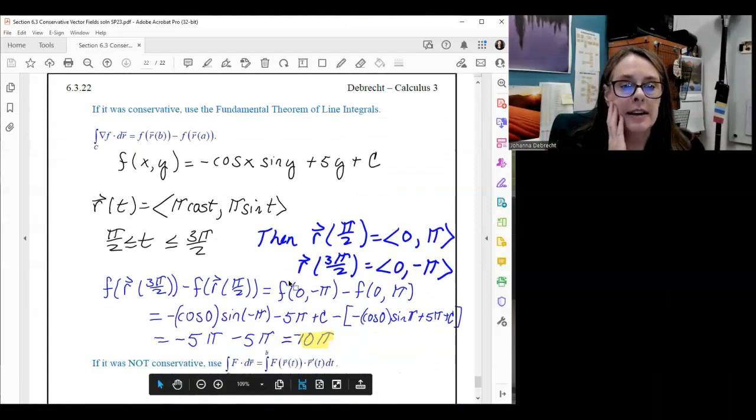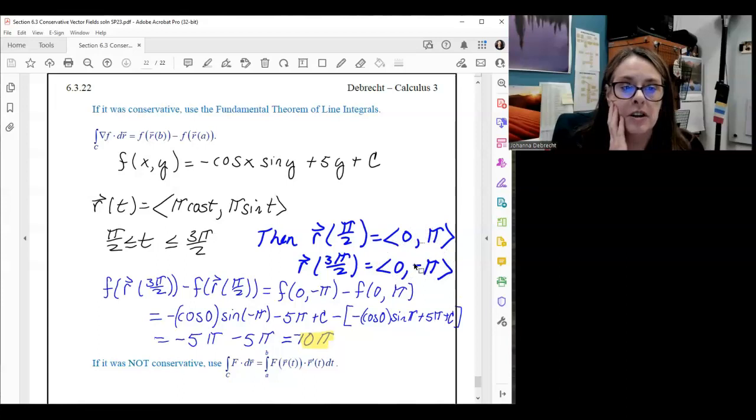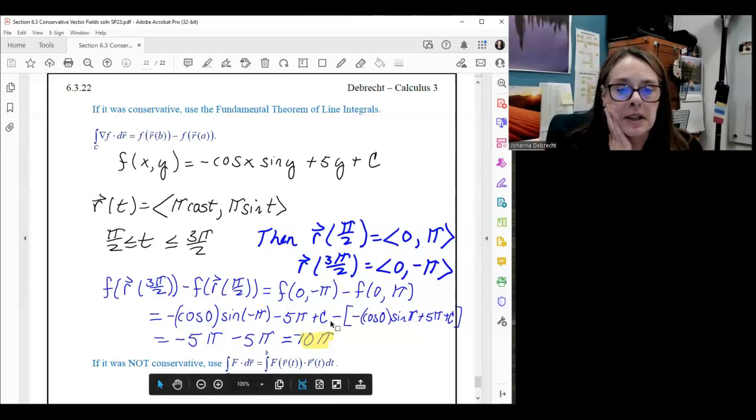And then I take these values right here, my position vectors, and convert them into ordered pairs for the point at the end of the position functions. And I put those into the potential function, not a vector, the scalar valued potential function. And that gives me this relationship that you see here, which gives me negative 10 pi.